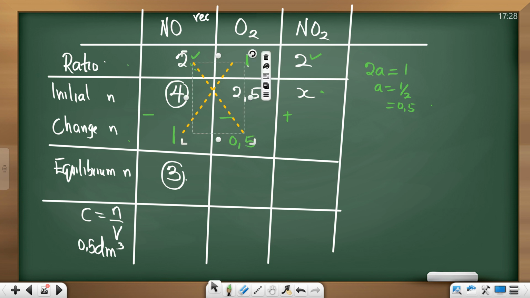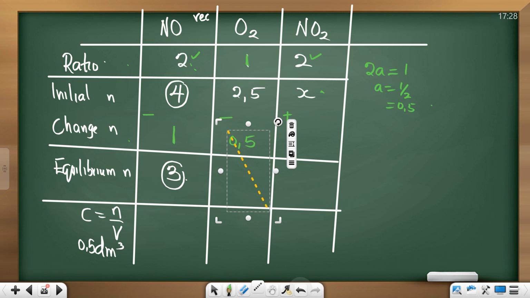So whichever method you've been using that works for you, please continue with it. If it's not working, then use the one I just did, cross multiply. Look again, if I cross multiply there, let's say that's B. B times 1 is B. 2 times 0,5 is 1, which was the answer I got earlier on.